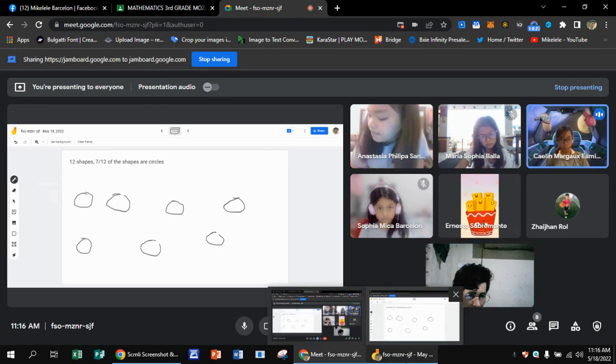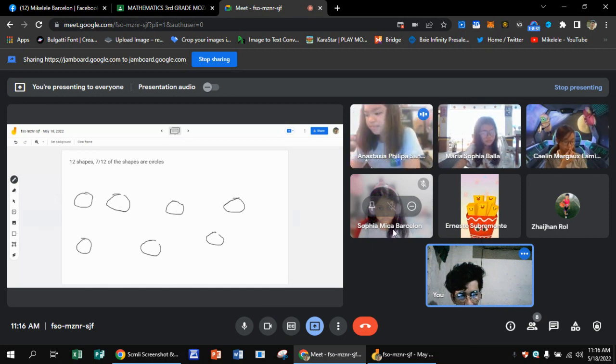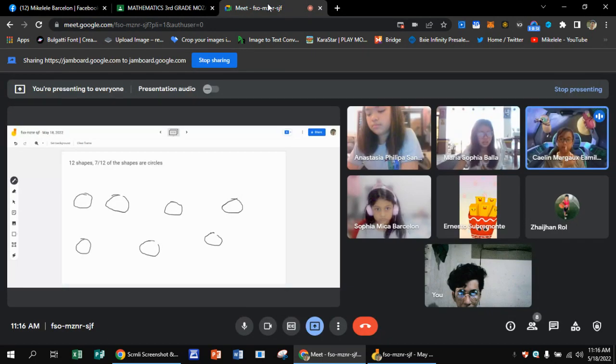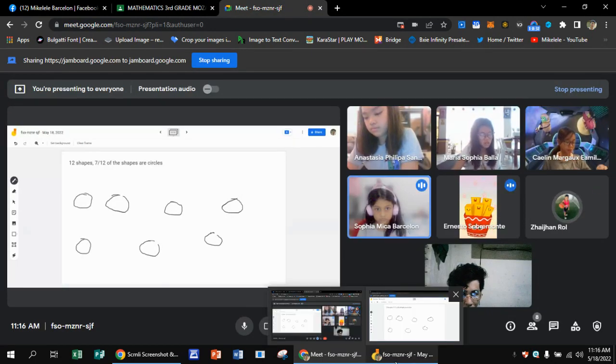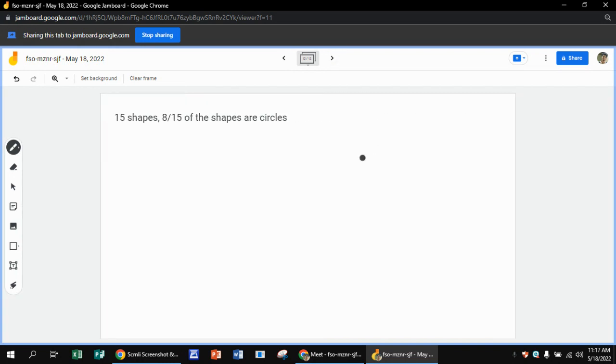I drew a diamond. How about you, MM? What other shapes did you draw? I just decided on a diamond. So, we only have 5 diamonds na lang dito. 5 diamonds. Okay? So, this will be the answer. So, we have 7 circles and 5 diamonds.